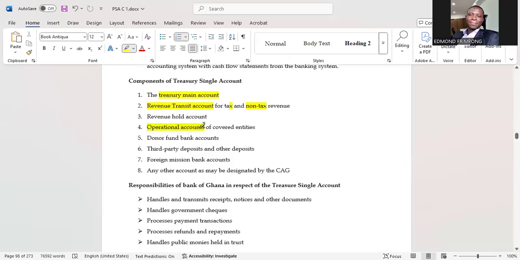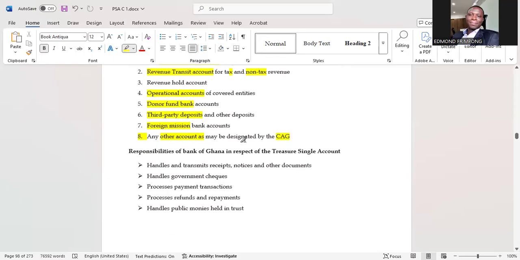Yes, this operational account will be used for the payment of expenses and other operational activities. Then donor fund bank account, third party deposit, foreign mission bank account, and then other accounts as may be approved by the Controller and Accountant General. So these are the components.